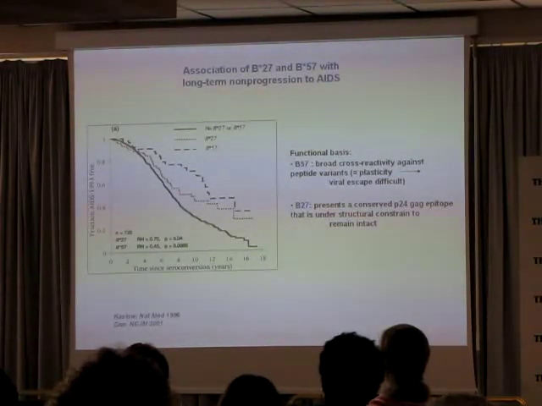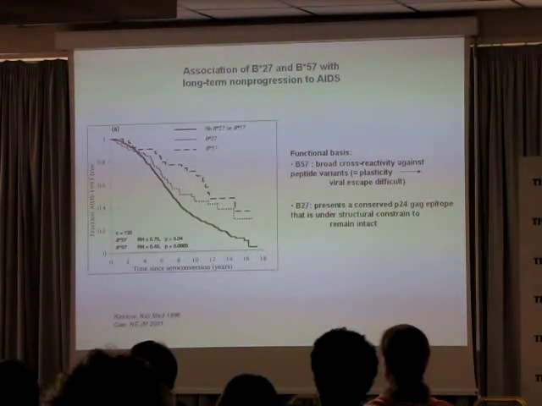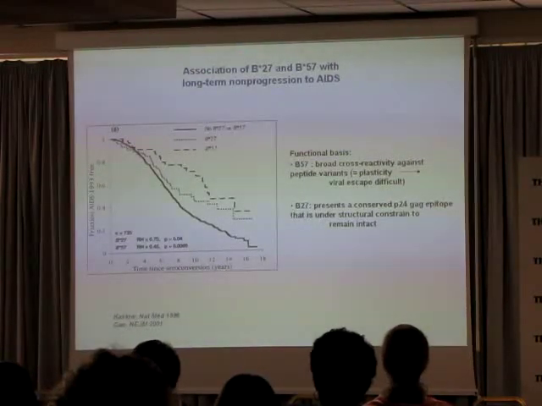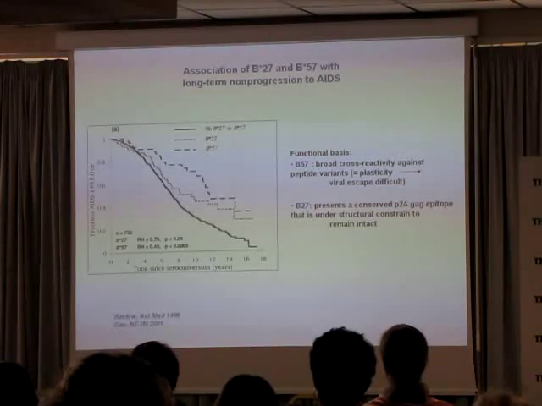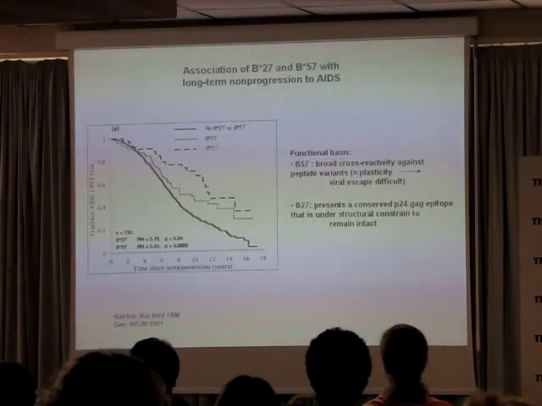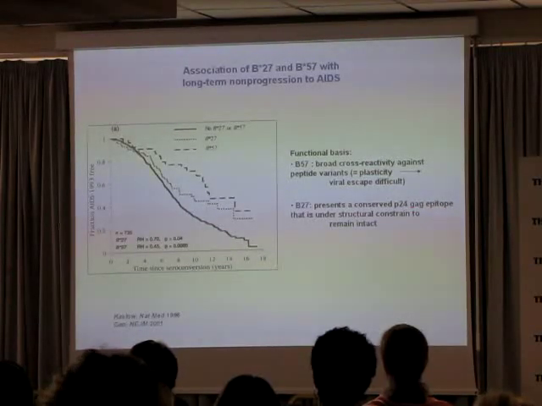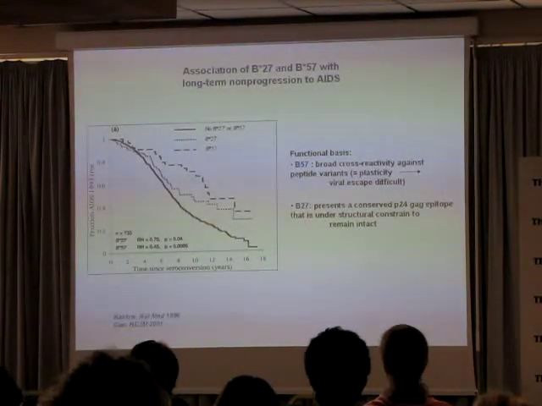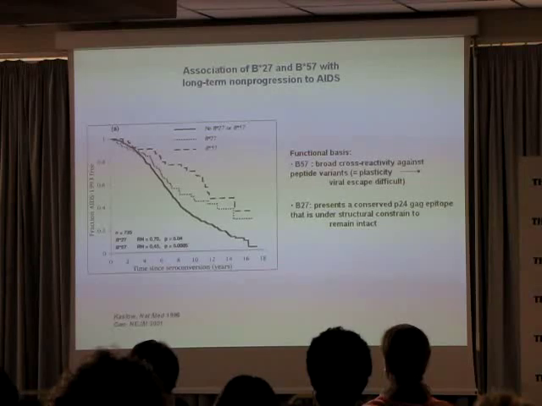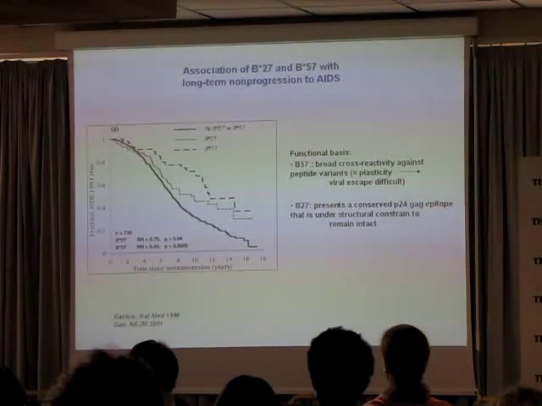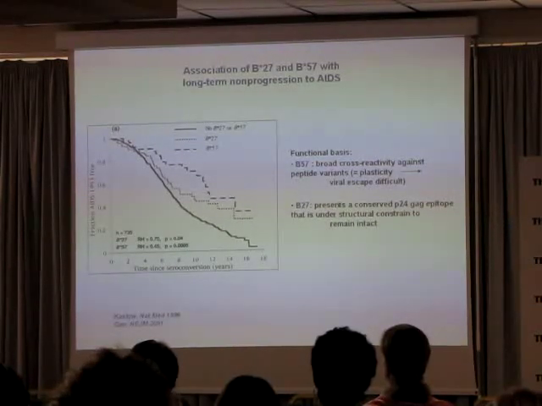If there is a mutation in this epitope, then the virus is not powerful, so it cannot infect anymore. So B27 presents a very conserved P24 GAG epitope, which is under structural constraint to remain intact. That means that the virus has no interest to mutate this epitope, otherwise it is not functional.